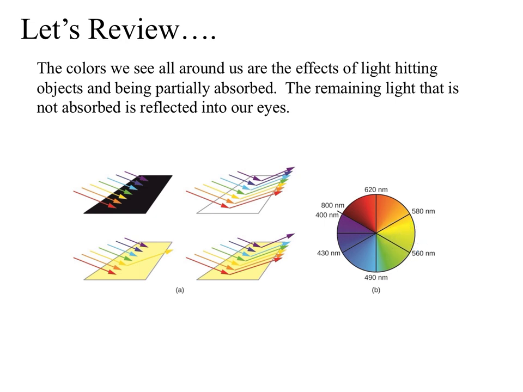So, I want to review some of the things that we talked about in the color module. One is an object's black if it absorbs all colors of light. Right?